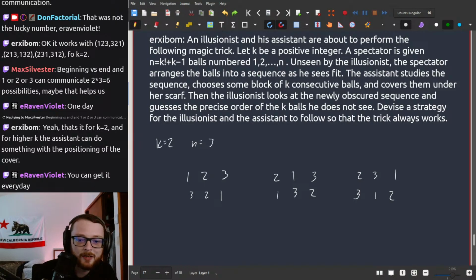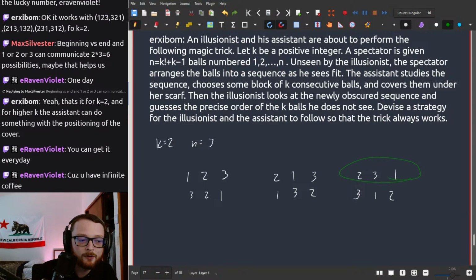Actually, Erksabom, I don't think we have an encoding for this case here. So we can't start with a 2 or end with a 1. Yeah, right.